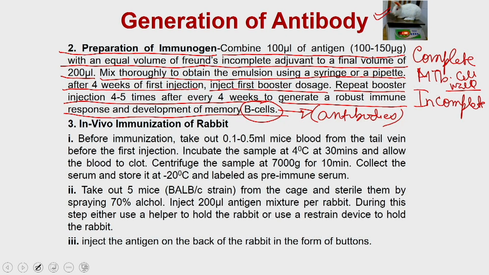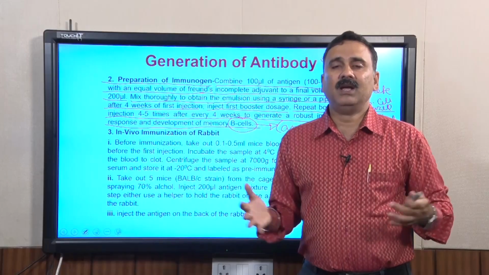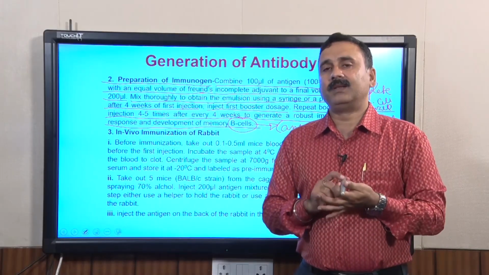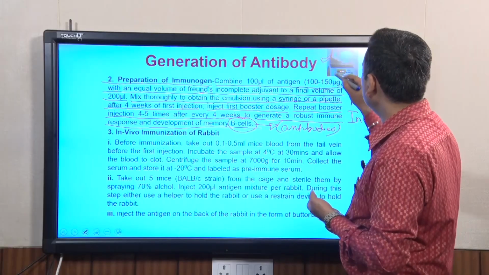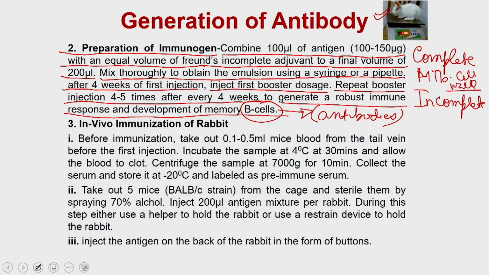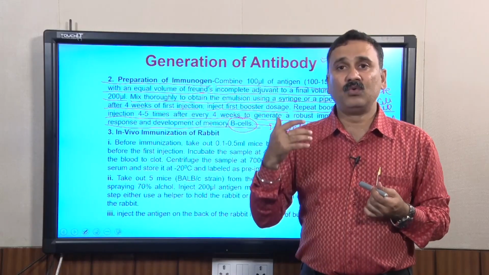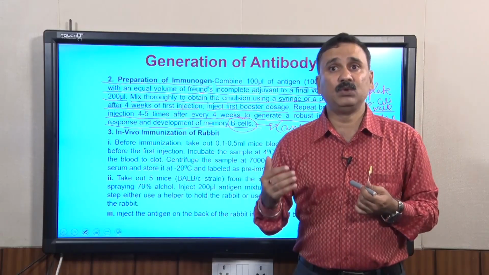Before you start any experiments with these animals, you put them under an acclimatization stage, where you keep the animal in a cage without any experiments for 1 or 2 days, so that the animal becomes habituated to the cage and does not feel any discomfort. The second step is to weigh the animal, so that you know its weight and can decide the amount of antigen you can inject.